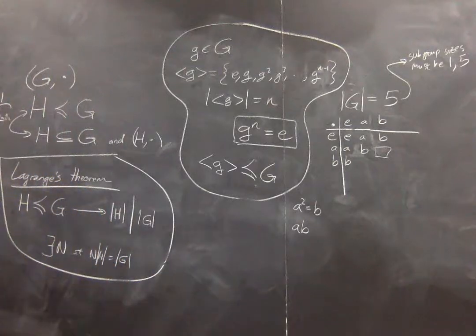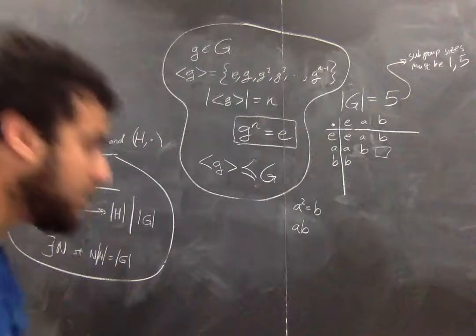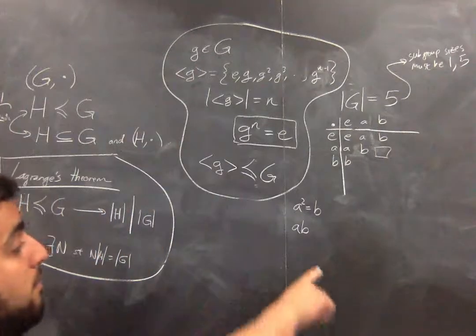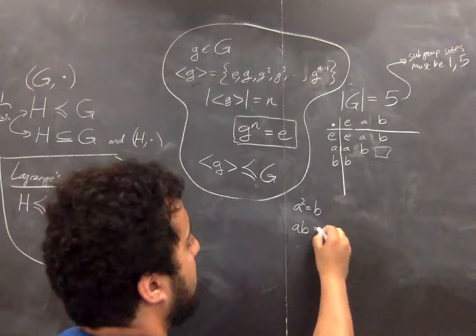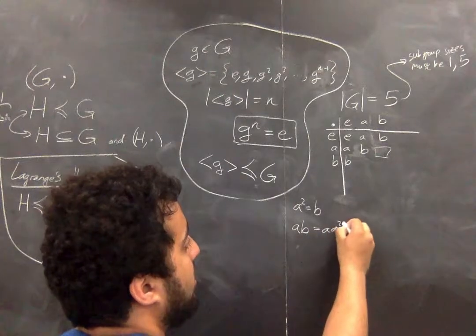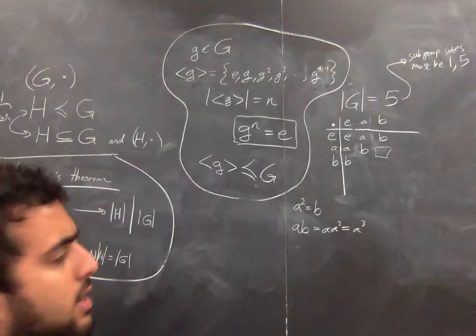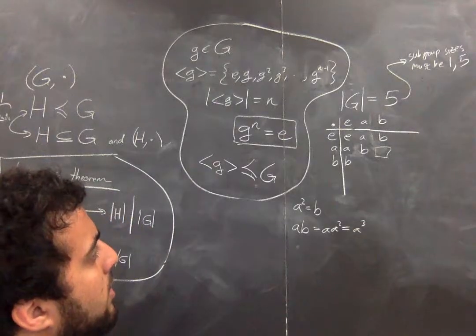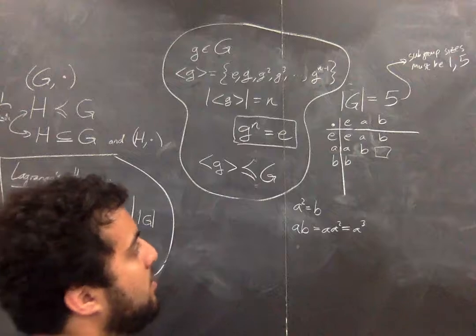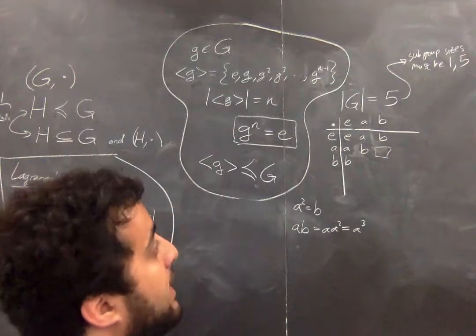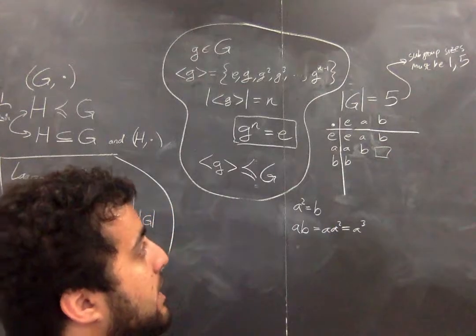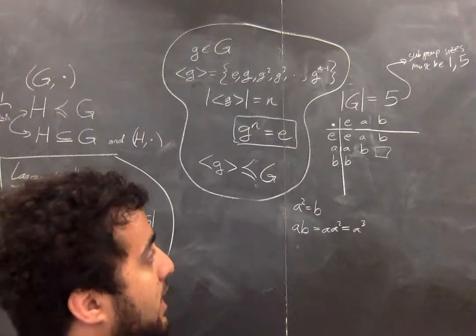Well, we already have that A squared equals B, so we can plug in for B A squared, which will give us A times A squared, or in other words, A cubed. Now, A cubed, well, the possible choices we have at this point is that it's not A or B, so either it's E or it's something new that we haven't seen yet.